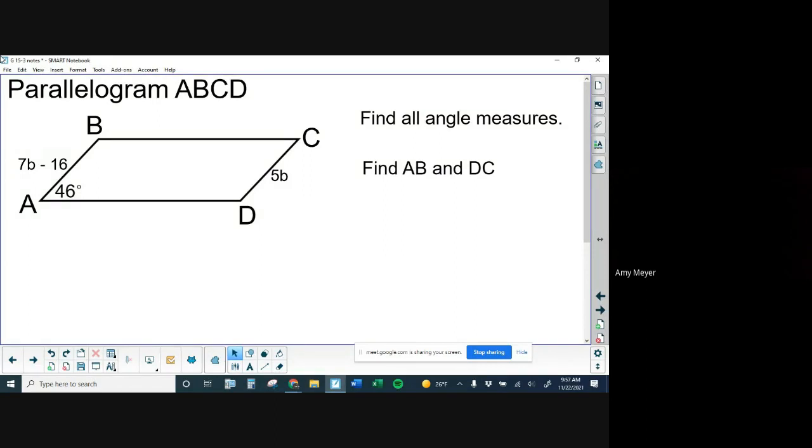Read the properties again. You're starting with angles, so you'd want to look at property number 3 and 4.